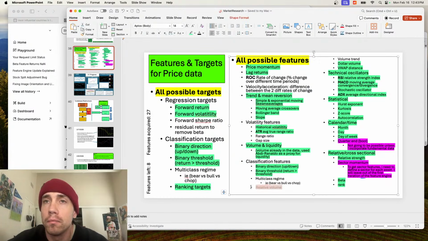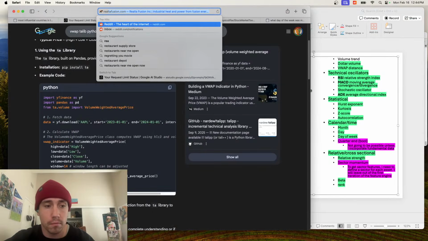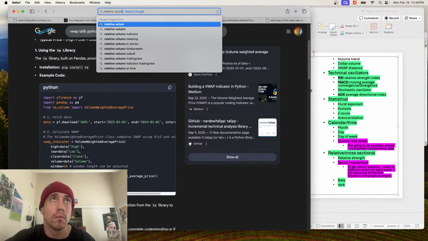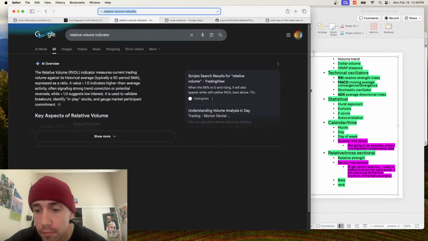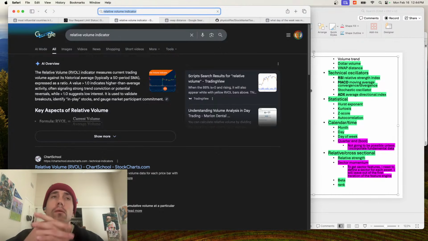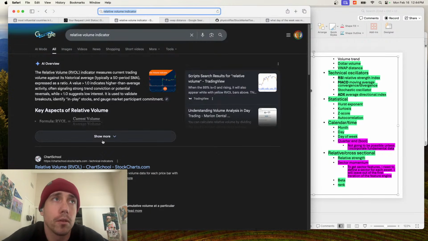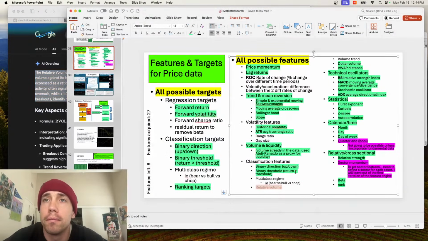Now volume trend should be easy. Relative volume, I don't even know what that is. Relative volume relative to what? So that's good. We want to ignore noise. Okay, that's going to be easy to incorporate.